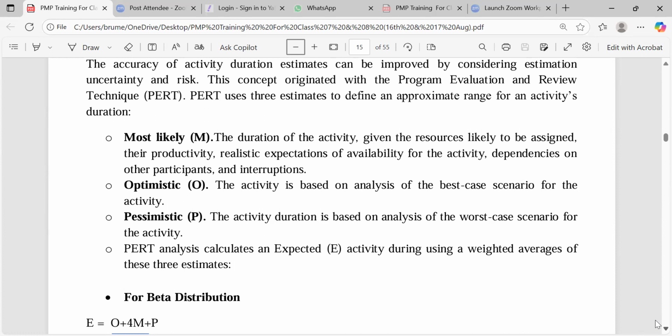But when the worst case scenario becomes 10 hours, the best case scenario could be 45 minutes, but it's not possible. But the most likely scenario is 3 hours.